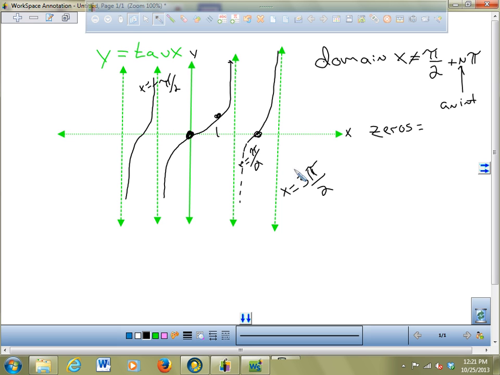So what's half of 2 pi? 1 pi, right? So this point would be pi, comma, 0, not pi over 0. Pi, comma, 0. And this point over here would be negative pi, comma, 0. So you have zeros at pi plus n times pi. We're good with that?